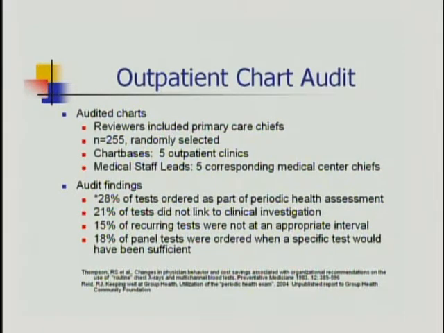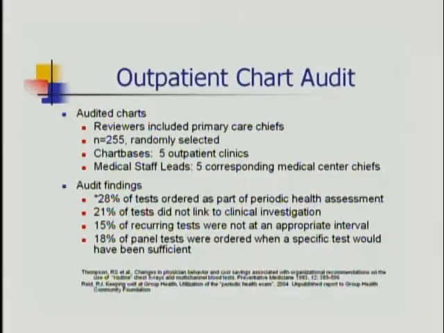I'm talking about perhaps lipid panels that are ordered 4 times a year instead of once a year, or A1Cs that were ordered monthly instead of maybe every couple of months or so. So we had some problems in how recurring tests were being ordered. And then 18% of panel tests were ordered in situations where a more specific test would have been sufficient.